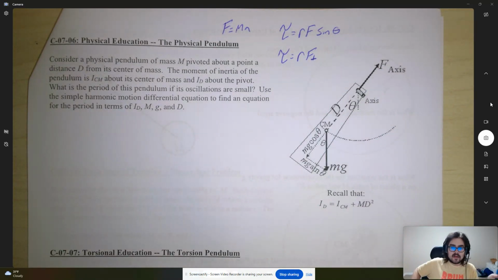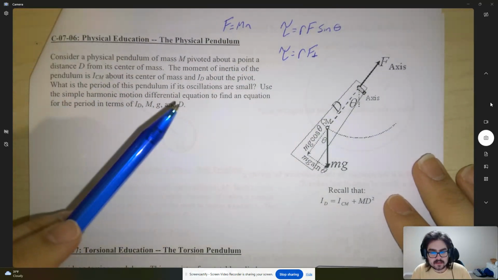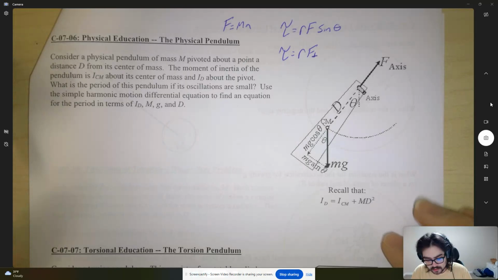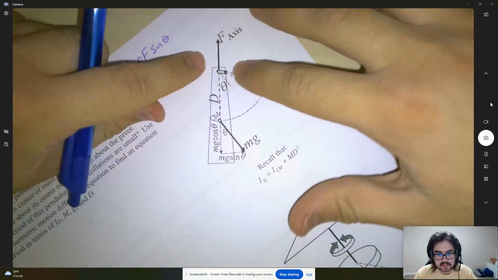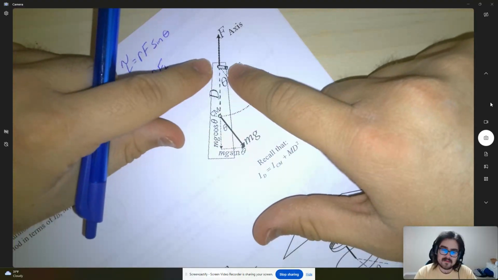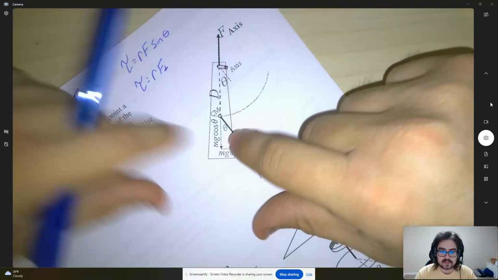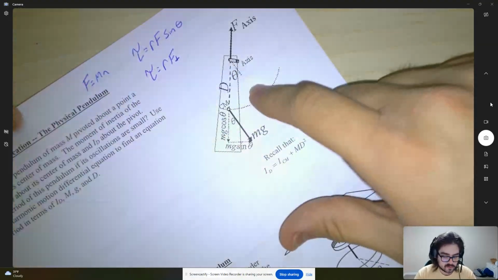Doesn't really matter. The physical pendulum, if you look at this example, you'll notice it is not a uniform board. It's not just a straight rectangle. It's maybe like an oar of some sort, where it gets wider as it goes, right?